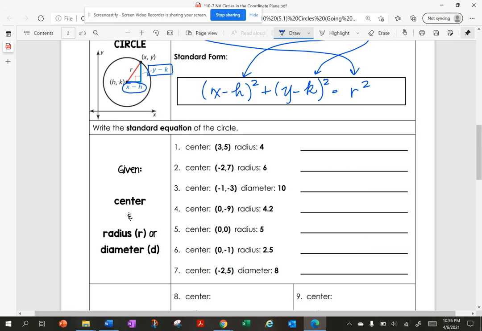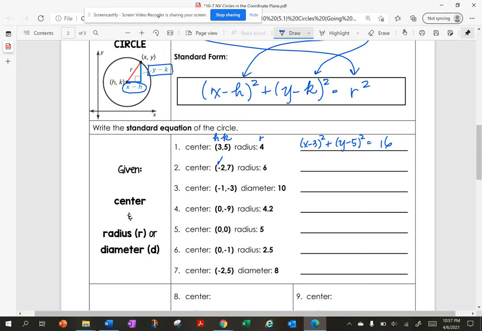So the center is at (h, k), and here's my radius r. So this is going to be x minus 3 quantity squared plus y minus 5 quantity squared, and 4 squared is 16.